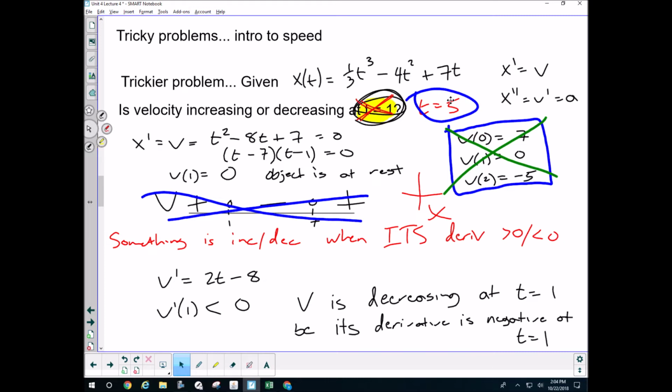We are in calculus class. We will use derivatives to explain things, because derivatives tell us a lot. The value of a derivative tells me if the original thing is increasing or decreasing. Is it going up or going down? I ask you, is velocity increasing or decreasing? Look at the sign of its derivative, the sign of v prime. Okay?